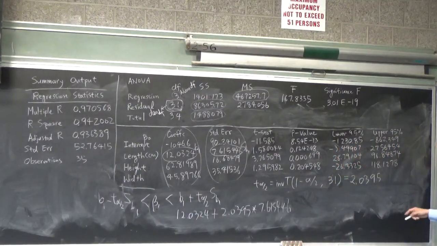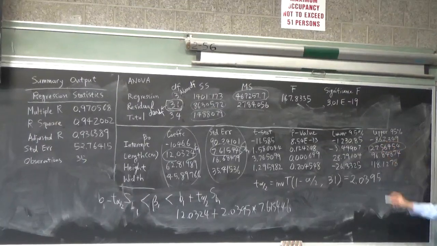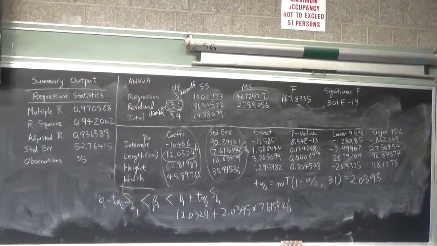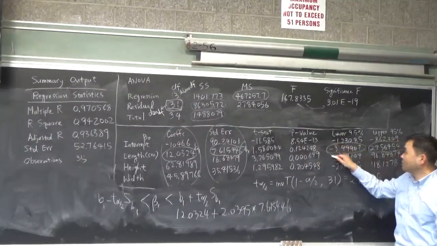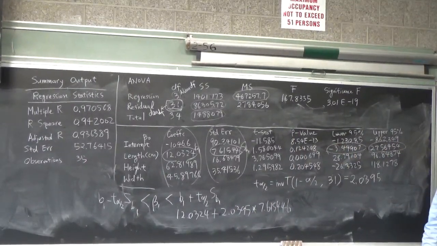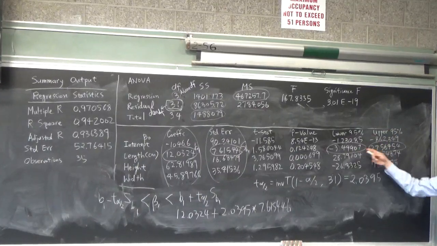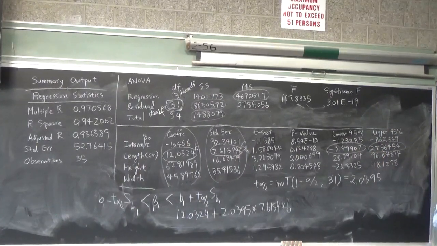And if you do that, you should be getting the upper bound, which is this. Okay? And then instead, if you put this into minus, you're going to get the lower bound for the confidence interval. So you do that for every part, that's how you get these values. Okay?